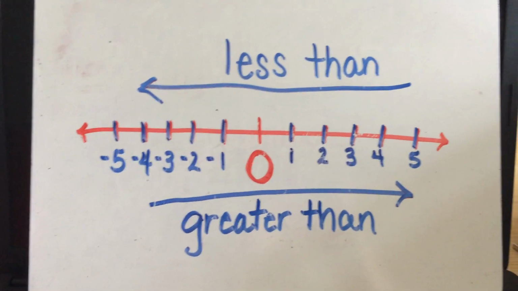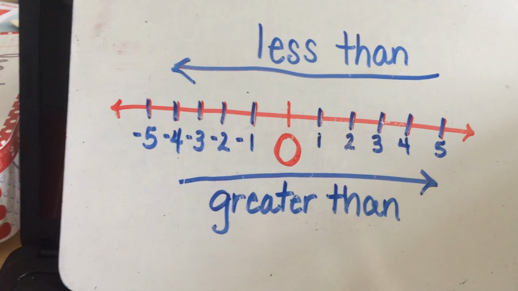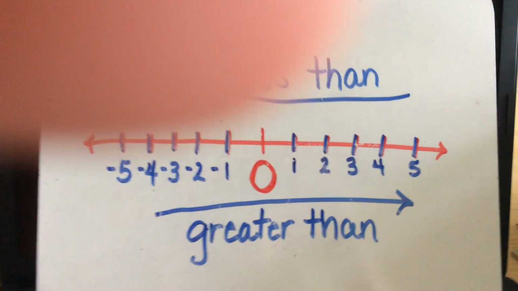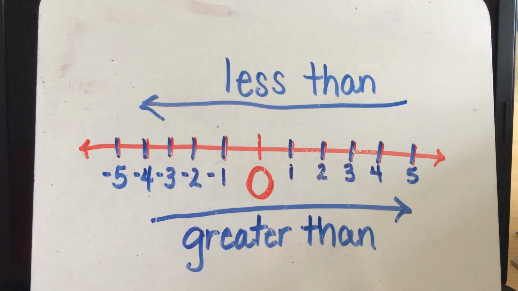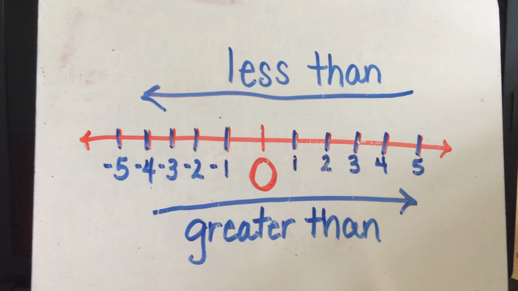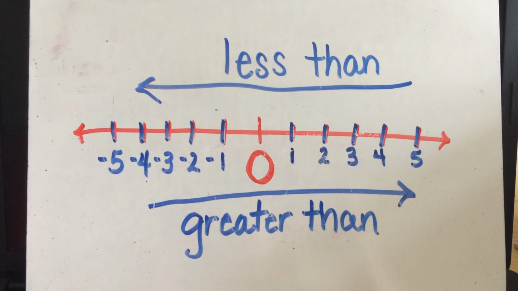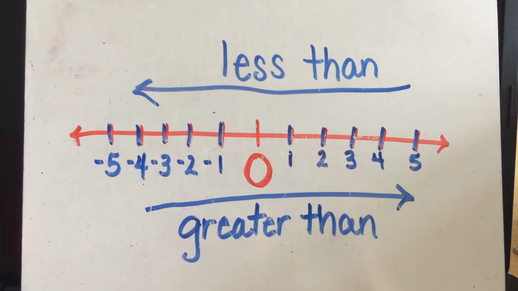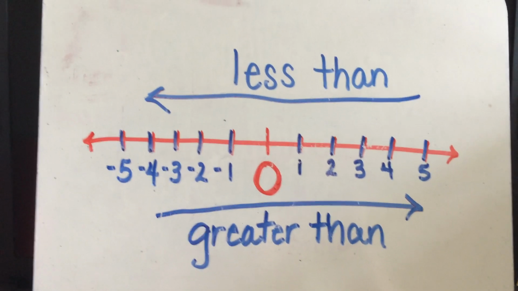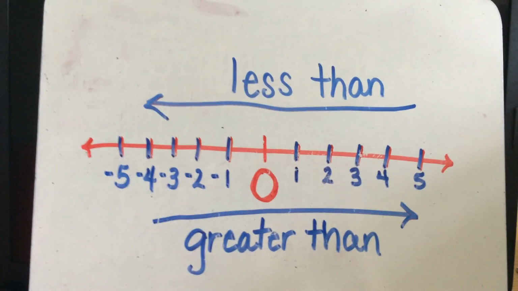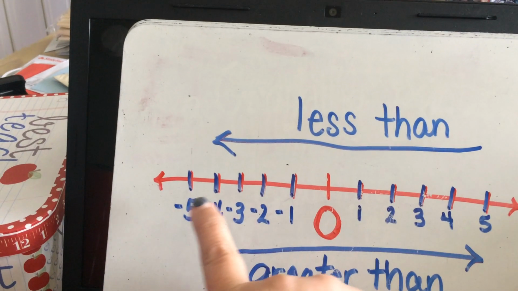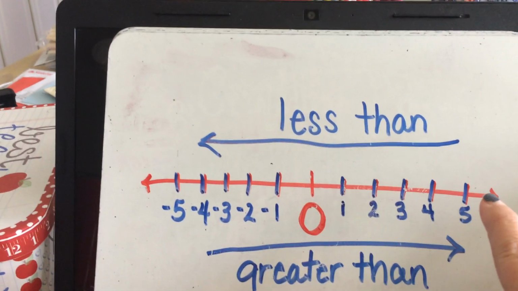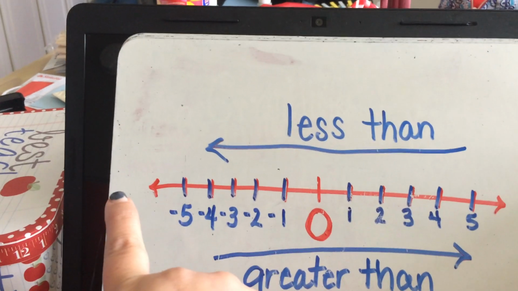When you look at a number line, just like I've said every day since we've been in this section on IXL, you have the 0 in the middle. If you go to the left, it's less than. If you go to the right, it's greater. The numbers get bigger going this way, but if you're going this way, they get smaller.